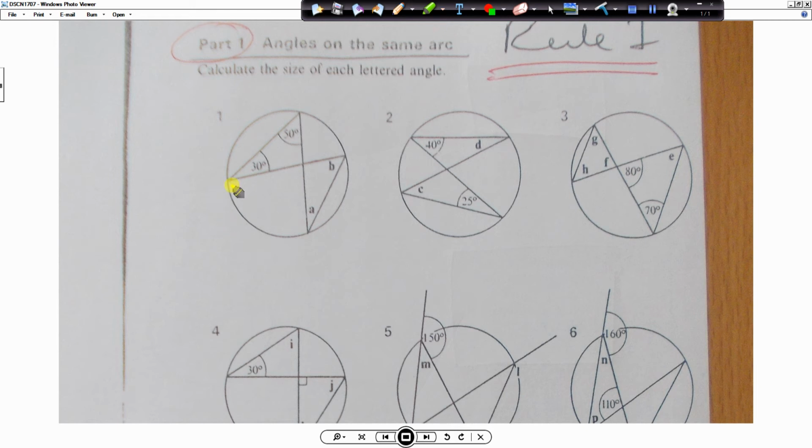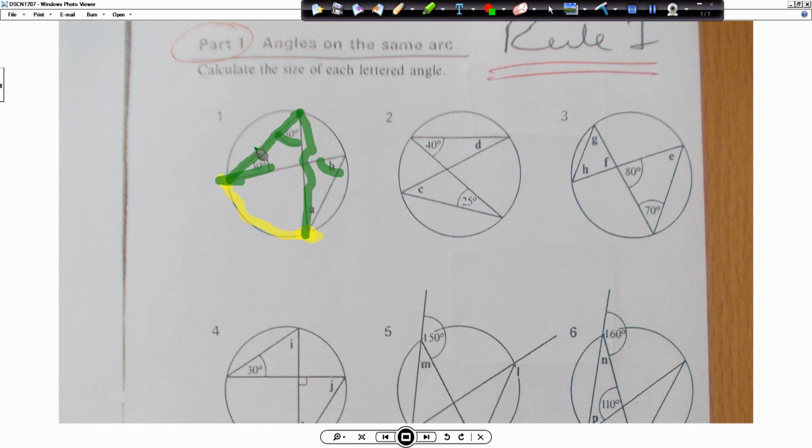When we do the question, we've got to be thinking about the rule. In this particular question, this is the arc. This is the part of the circle that we're talking about. Now, let's look at the angles that involve it. Which angles involve that arc? It's going to be this one and this one. So this is 50, so B will also be 50, because here's the angle. The first triangle is here, and the second angle is here.